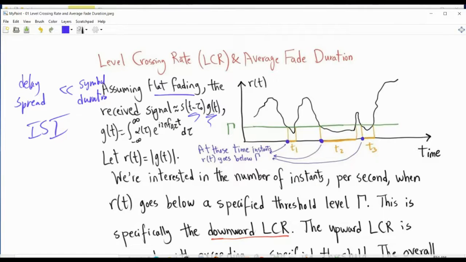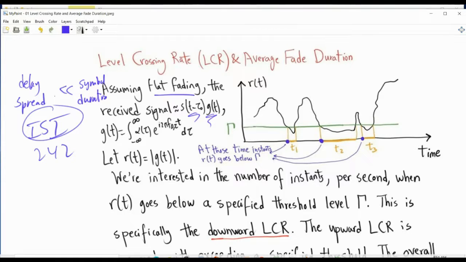To get a flavor of this, typically this is the stuff that you learn about in 242. There is a problem in homework 2, which you can find on Blackboard, in which you have the situation with inter-symbol interference, and the received signal depends on a linear combination of two transmitted symbols.